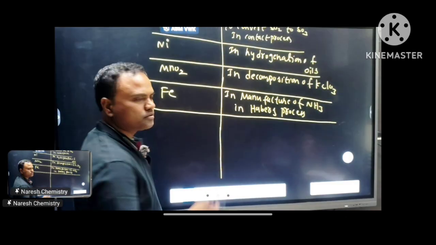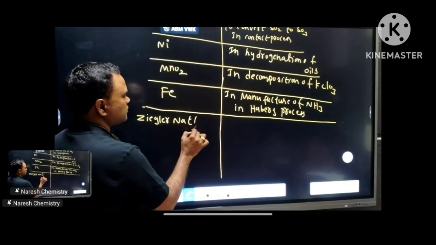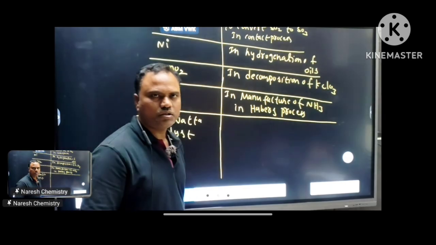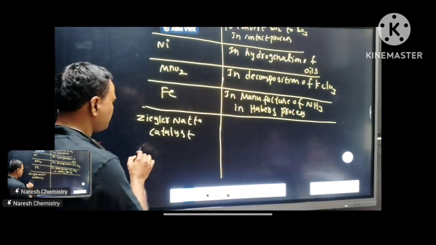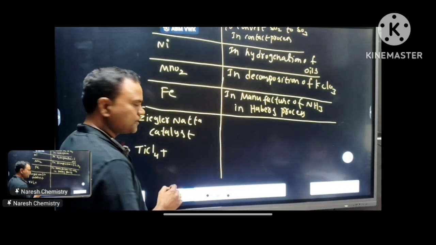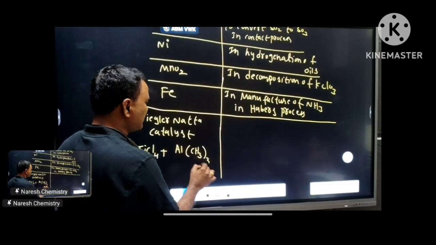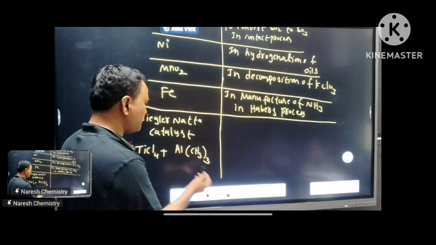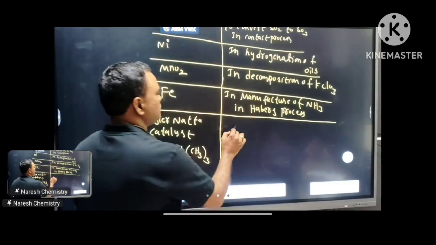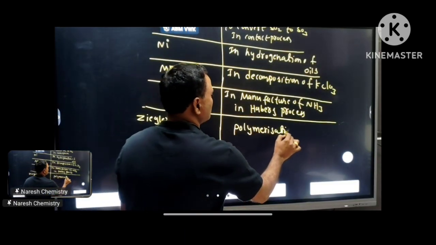Ziegler-Natta catalyst: what is its composition? TiCl4 plus trimethyl or triethyl, any alkyl, aluminum, that is, titanium tetrachloride, called Ziegler-Natta catalyst, used in the polymerization of alkenes.